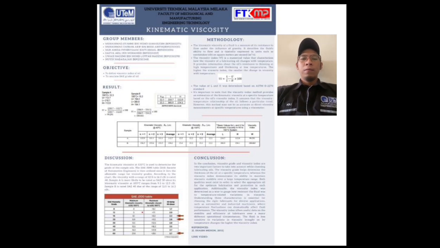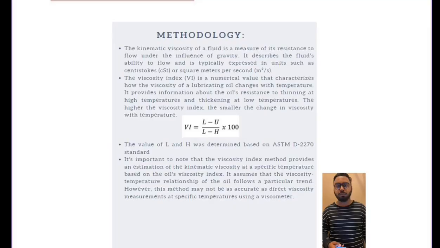Second, the viscosity index is a numerical value that characterizes how the viscosity of a lubricating oil changes with temperature. It provides information about the oil's resistance to thinning at high temperature and thickening at low temperature. The higher the viscosity index, the smaller the change in viscosity with temperature.